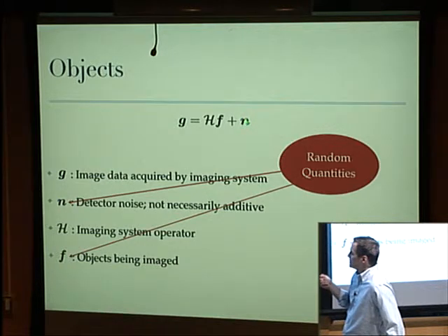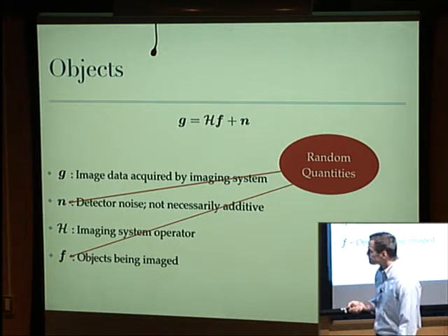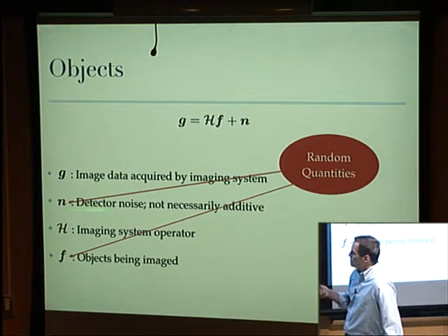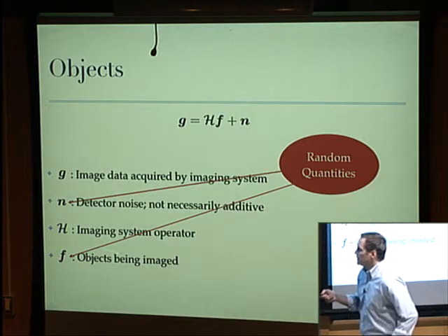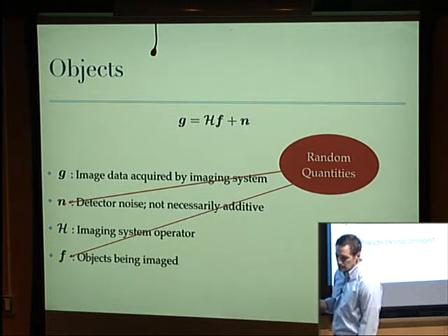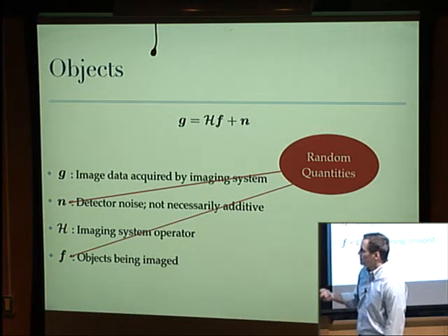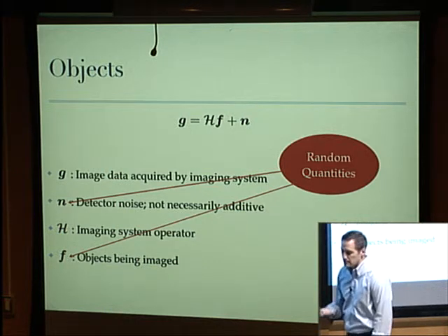It's written as additive, but it doesn't have to be. H is the imaging operator. All the physics go into this H operator here. And G is the data that comes out of the system. And the important thing to keep in mind here is that everyone knows the noise is random. It's noise. But the object is also random. And so dealing with this random object poses lots of problems.